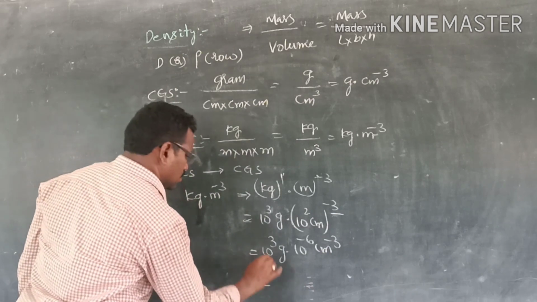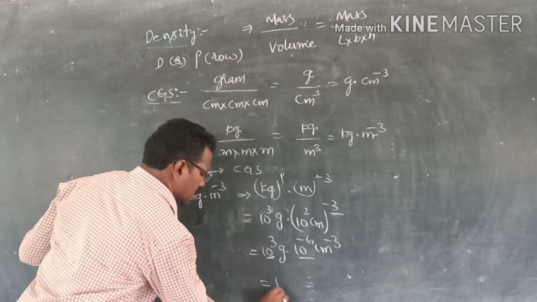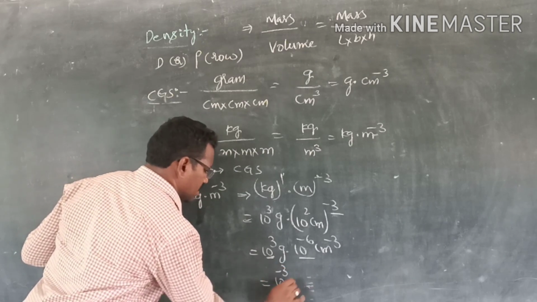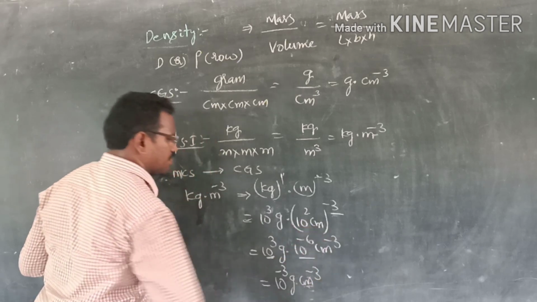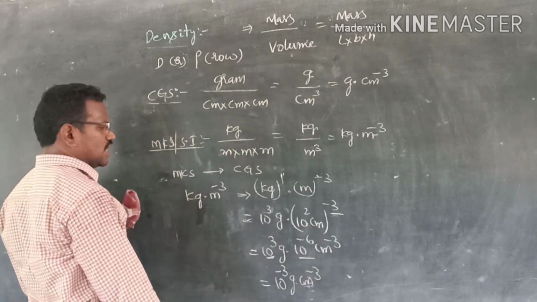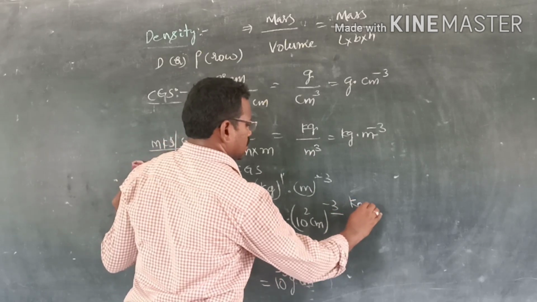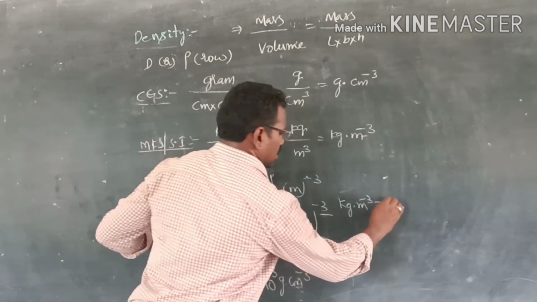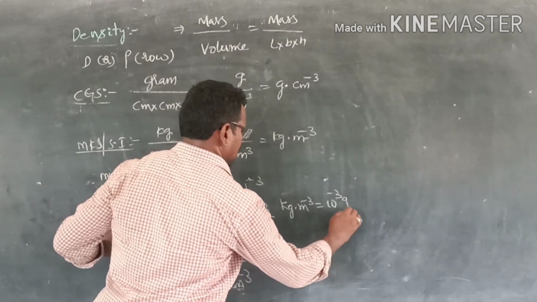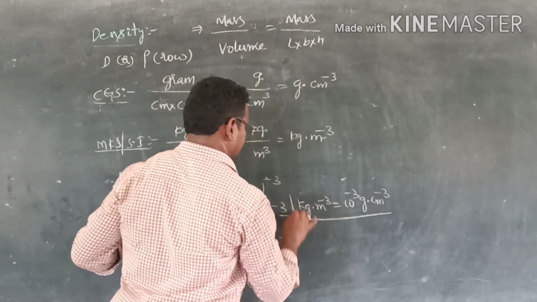Now the total value, 10 power 3 into 10 power minus 6, becomes 10 power minus 3 gram into centimeter power minus 3. Now the absolute relation is kg meter power minus 3 is equal to 10 power minus 3 gram into centimeter power minus 3.